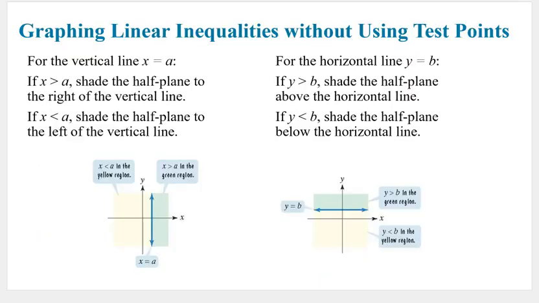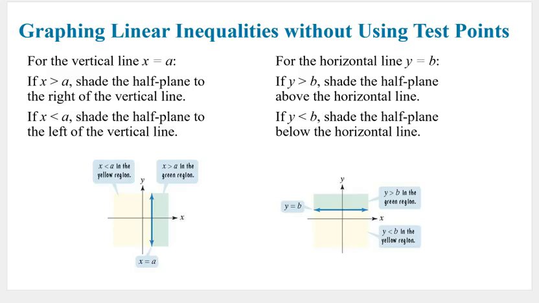Now, if you have some very simple inequalities like x is greater than a or y is greater than b, those are going to be your special vertical and horizontal lines. So when you shade there, it's either greater than, like if you're doing x's, x is greater than will be this area to the right on the number line, because these are all the numbers that are greater than whatever that x is, and then x is less than will be everything to the left.